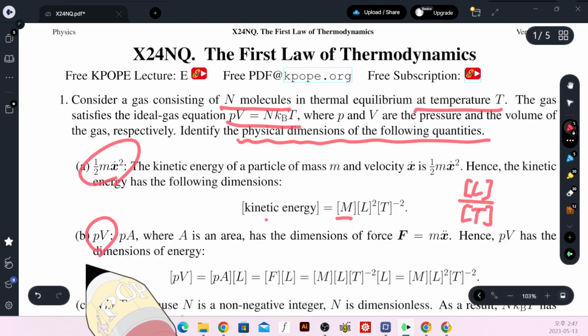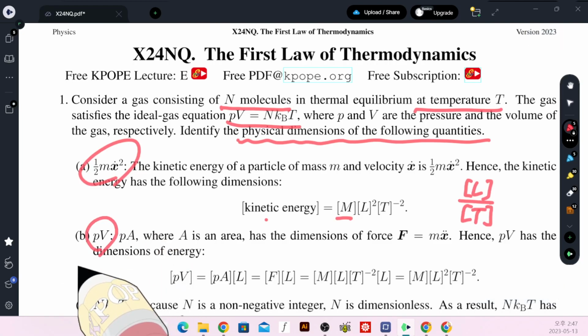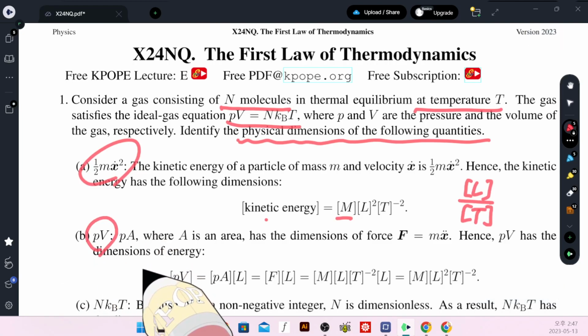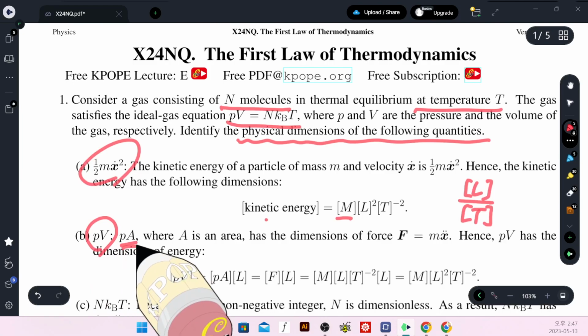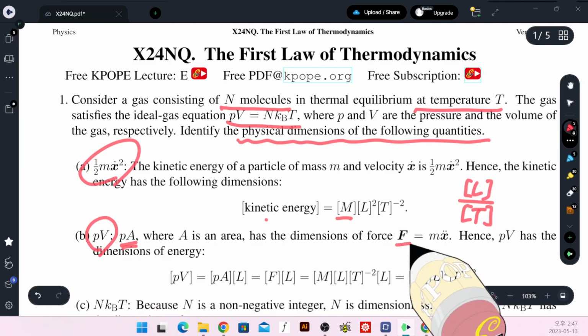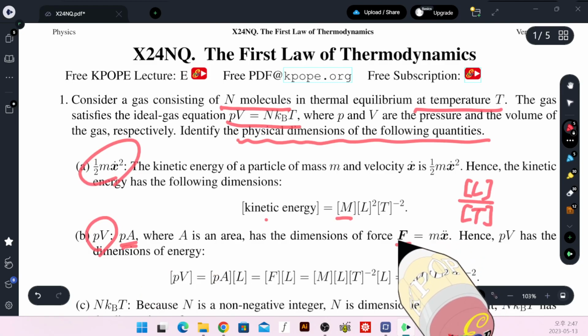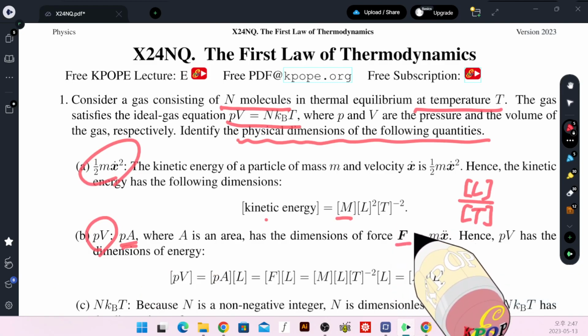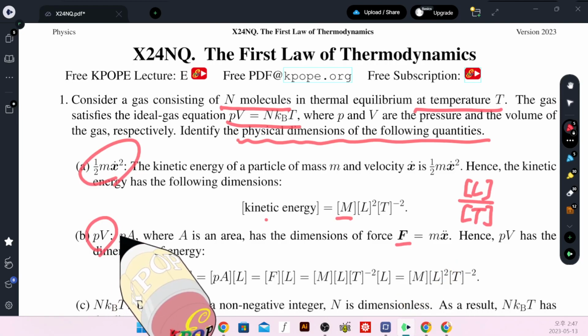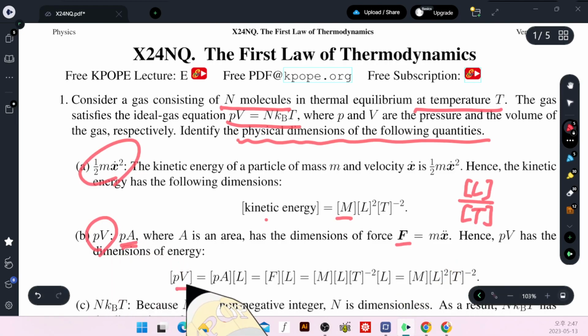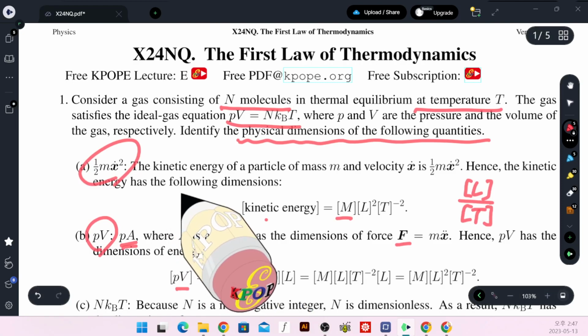PV, pressure. We remember pressure multiplied by the area is a force, or pressure is defined by the force divided by the area. So PV can be converted to PA times AL.